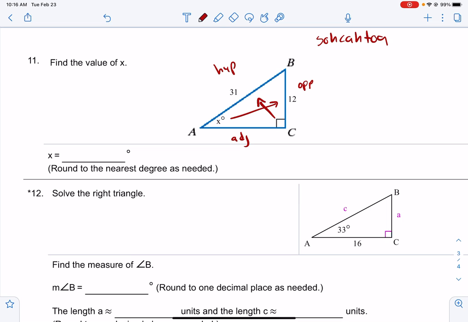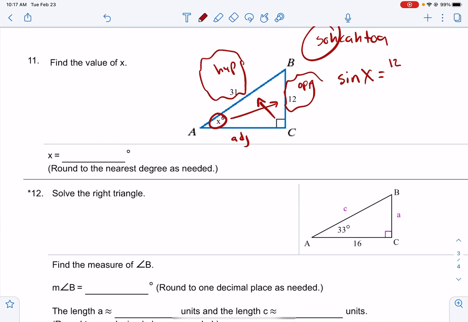So when I think about Sohcahtoa, I'm using hypotenuse and I'm using opposite. So I'm using O and H, which means I need to use sine. So sine of an angle. Well, my angle is x. I don't know what it is. So there's x. Sine of x equals, the opposite goes on top, 12. The hypotenuse goes on the bottom, 31.